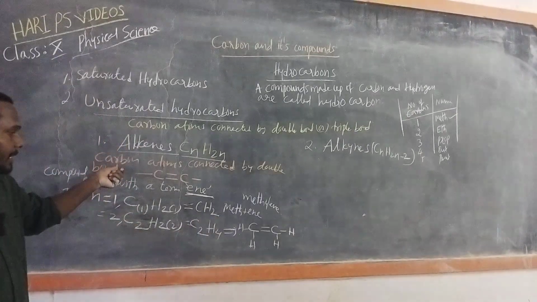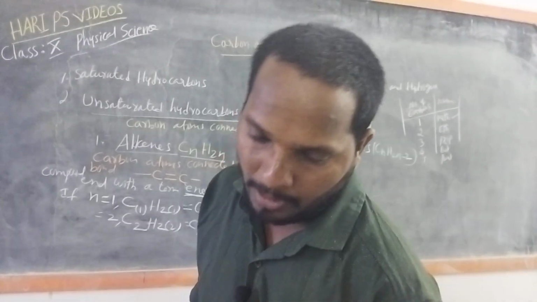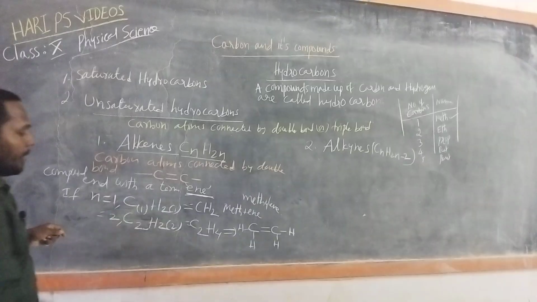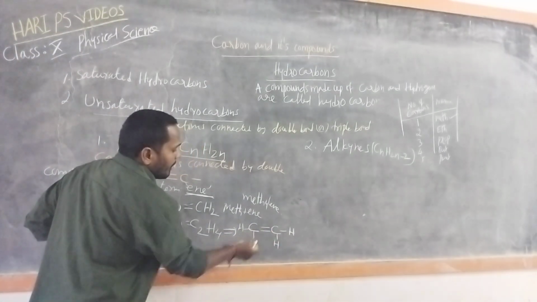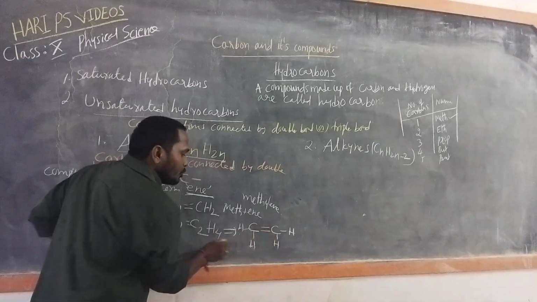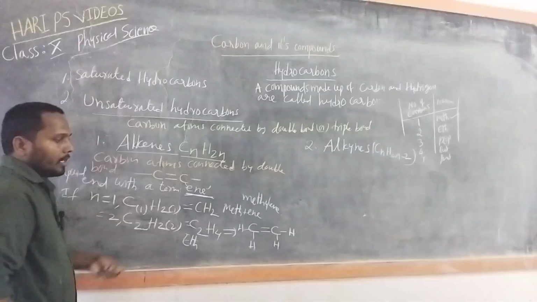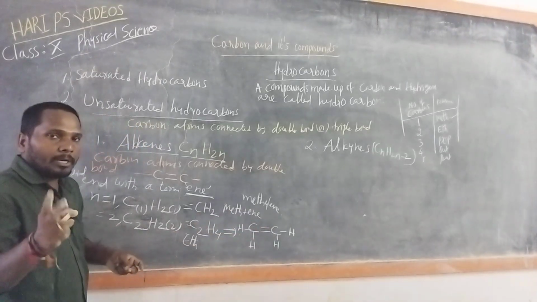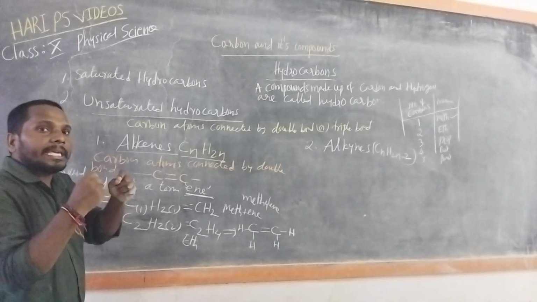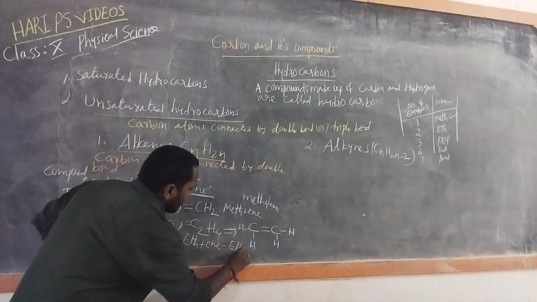What are alkenes? A hydrocarbon consisting of at least one double bond. How many bonds between one carbon and another? 2, double bond. How many carbons? 2, we call it eth. If it is one double bond, the compound ends with eth plus ene, together we write ethene.